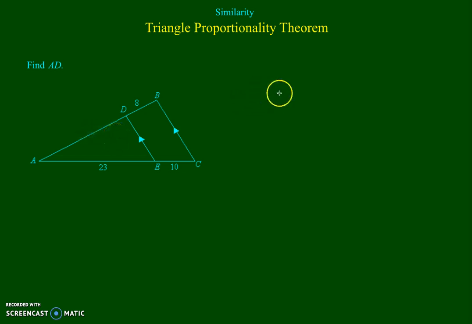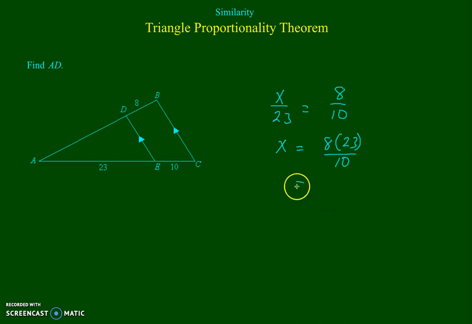So again, x is to 23 as 8 is to 10. Multiply both sides by 23. X equals 8 times 23 divided by 10.